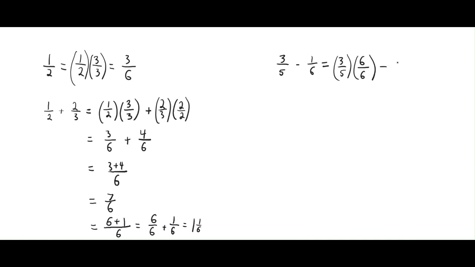And then we're subtracting 1/6, but we need to make these denominators the same. So we multiply the 1/6 by 5 over 5. Okay, so this fraction got multiplied by this number over itself, and this fraction got multiplied by this number over itself.